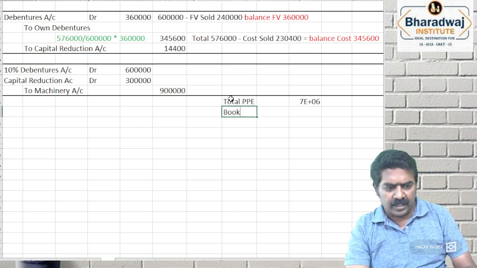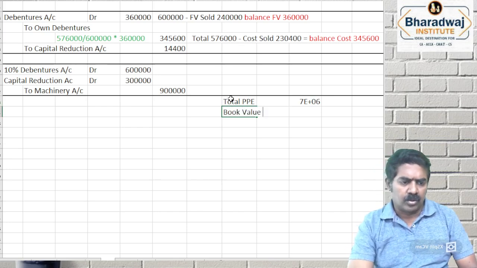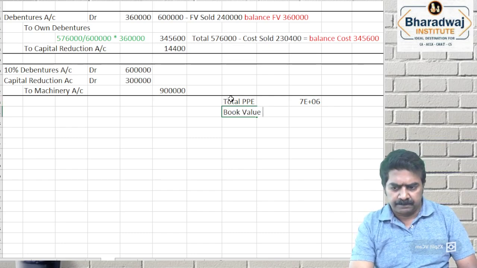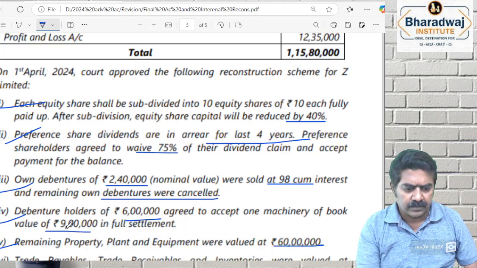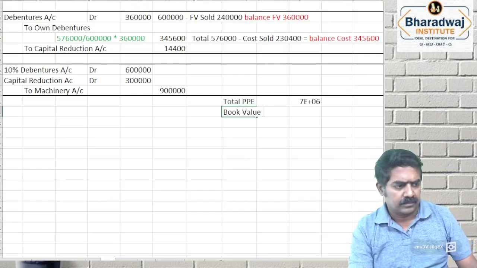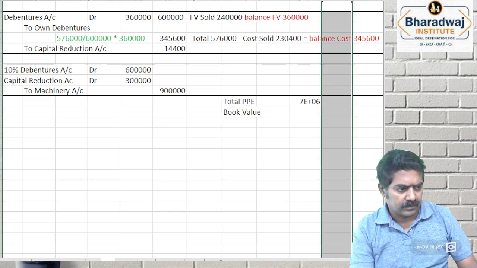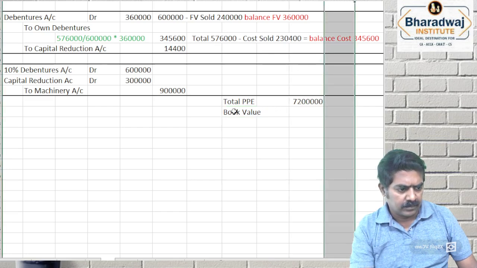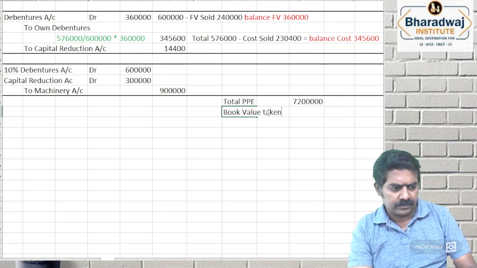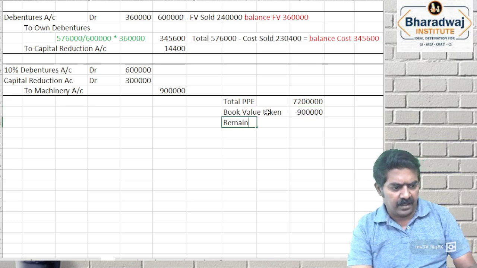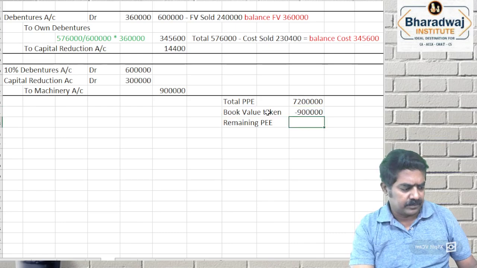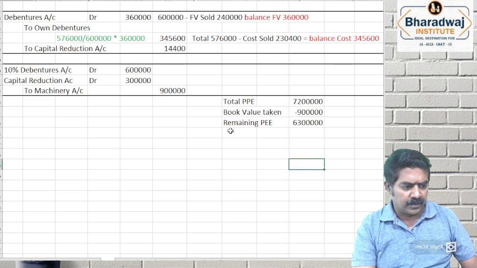What is the book value? இதெல்லாம் adjust பண்ணிருக்கோம் பாருங்க. 9 lakh. Book value taken over. எவ்வளவு இருக்கு? 9 lakhs. அப்போ remaining PPE value will be 63 lakhs. This is revalue.